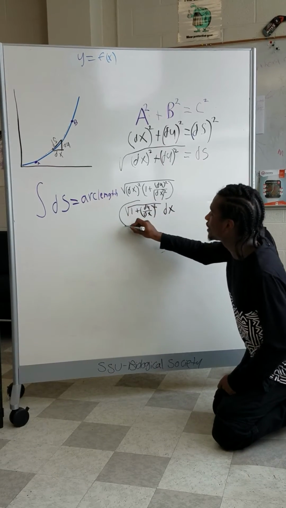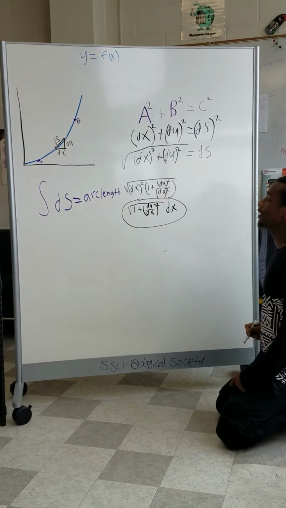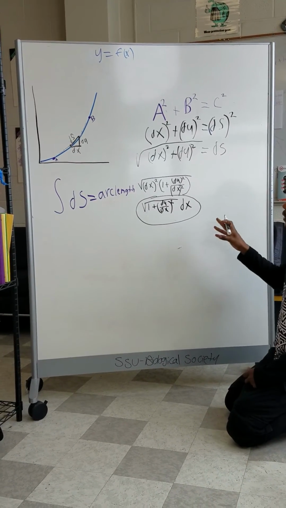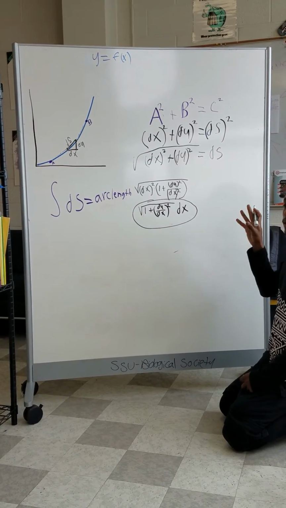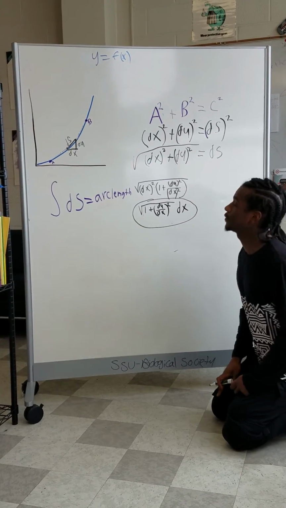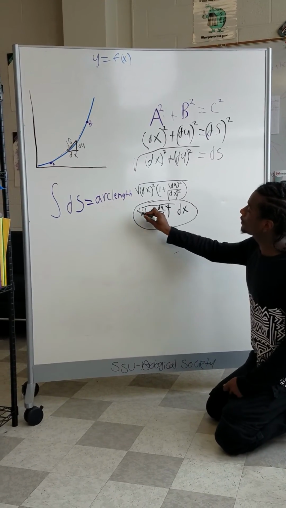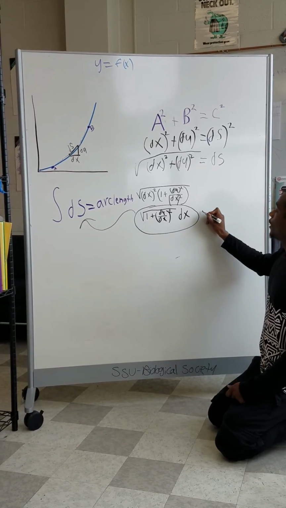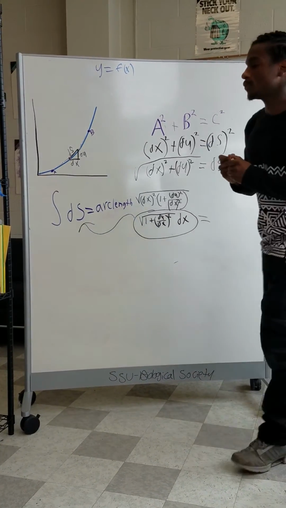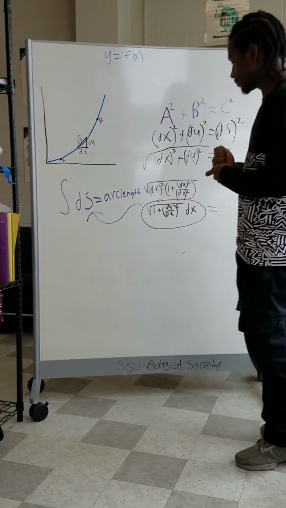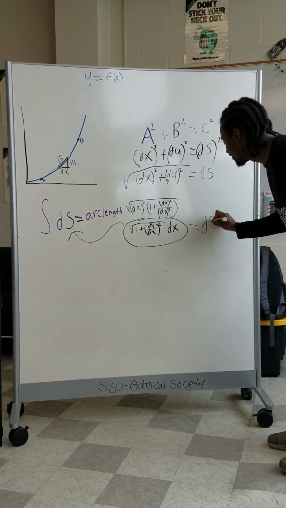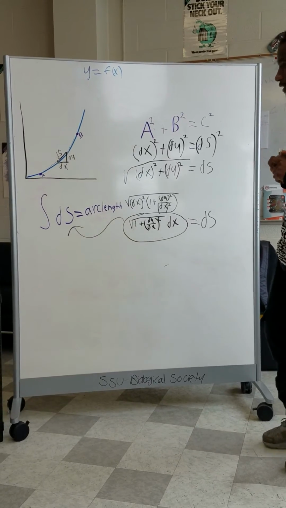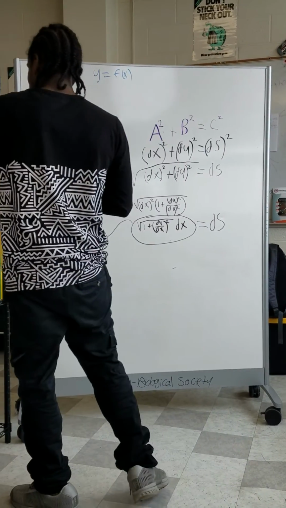Now we have something that is very, very familiar and useful to our knowledge in calculus thus far. So now let us replug this into here, because this is equal to ds. Now let's plug it in.